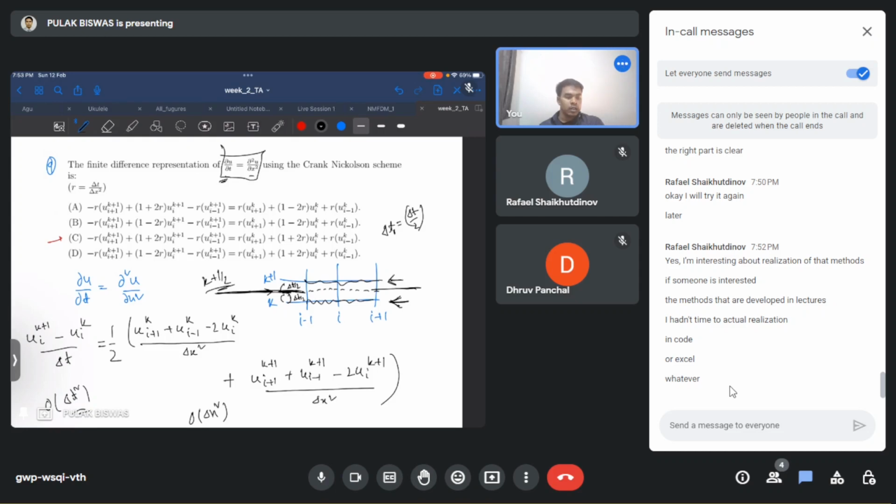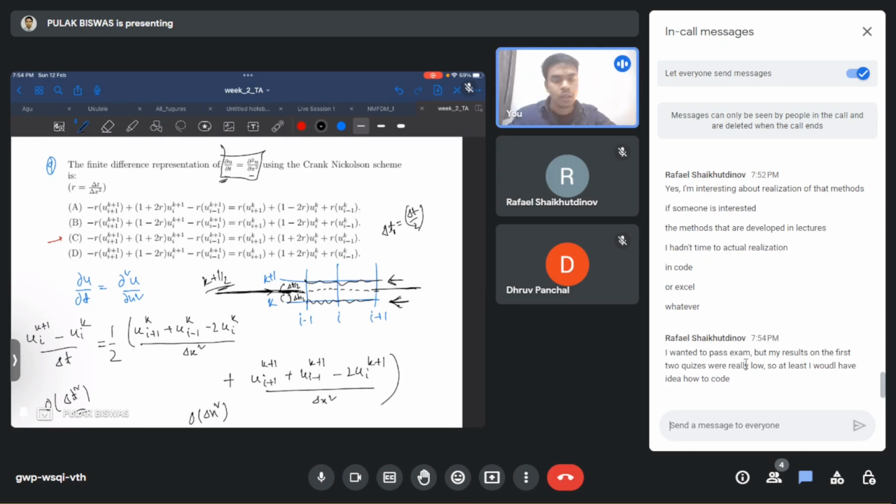I will show you quickly the code and the results, and also what happens in the case of an unstable scheme. Okay, I will include that in the next session for this diffusion equation.